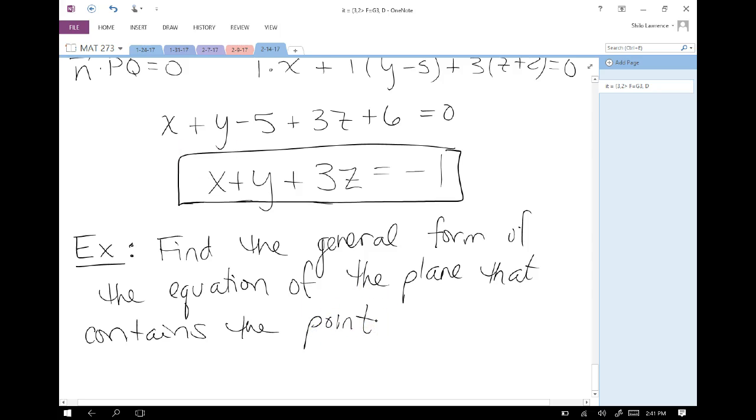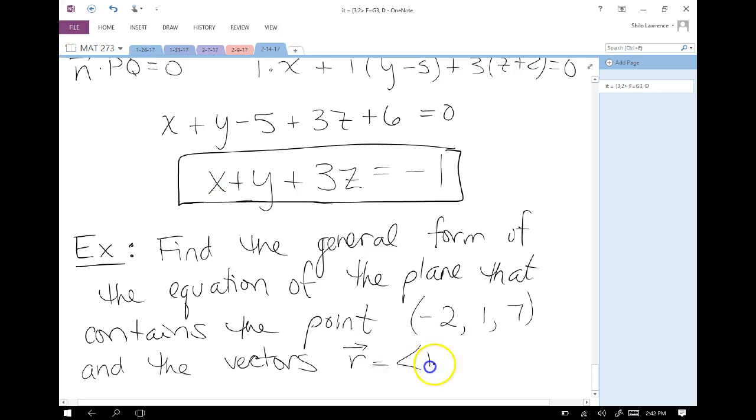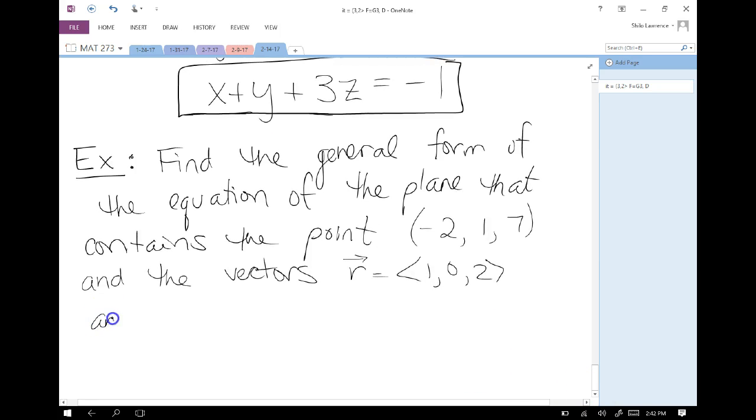We're going to find the general form of the equation of the plane that contains the point negative 2, 1, 7, and the vectors R equals 1, 0, 2 and S equals negative 2, 1, 3.